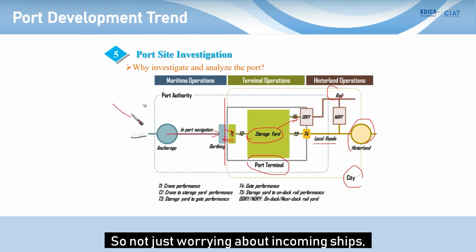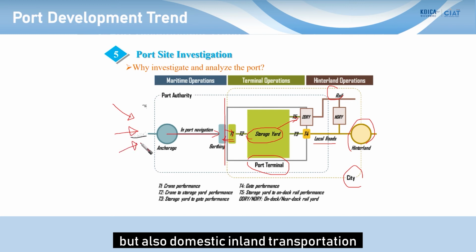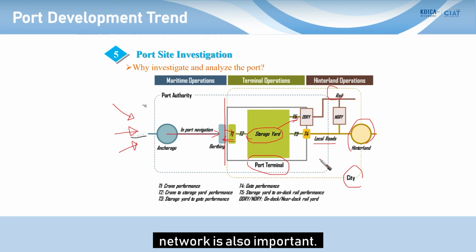So not just worrying about the incoming ships, but the domestic inland transportation network should also be prepared for the future increase of world trade. So in order to be served, for example at New York Port, not just the port infrastructure, but the inland transport network is also important.